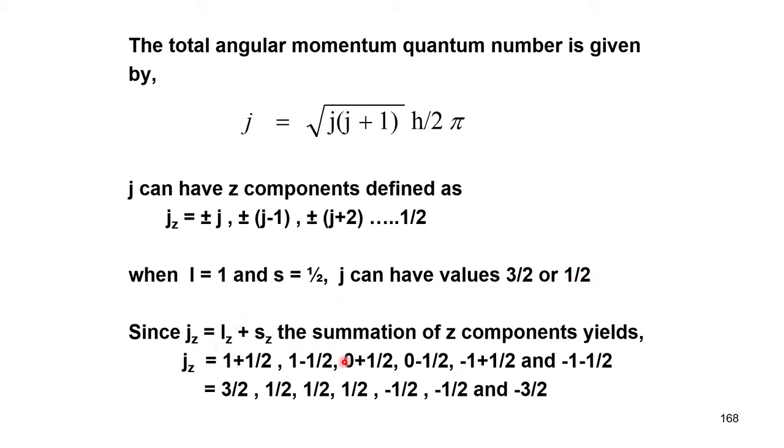Since Jz is equal to Lz plus Sz, the summation of z components gives you 1 plus half, 1 minus half, 0 plus half, and so on for different energy states. So, for 3 by 2 we get 3 by 2, 1 by 2, minus 1 by 2 and minus 3 by 2.